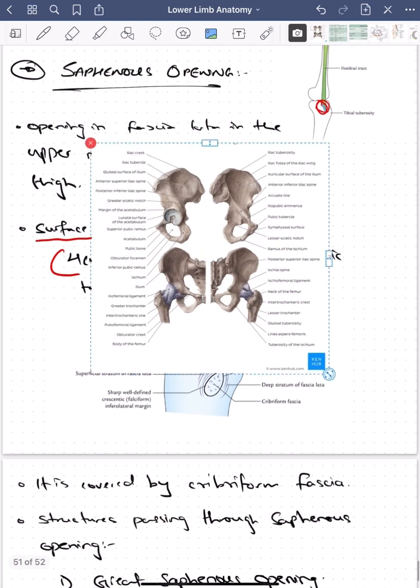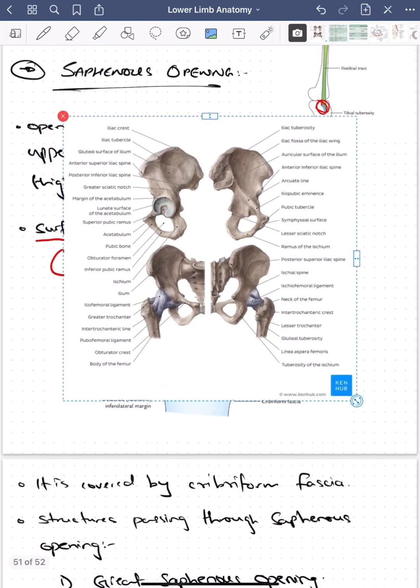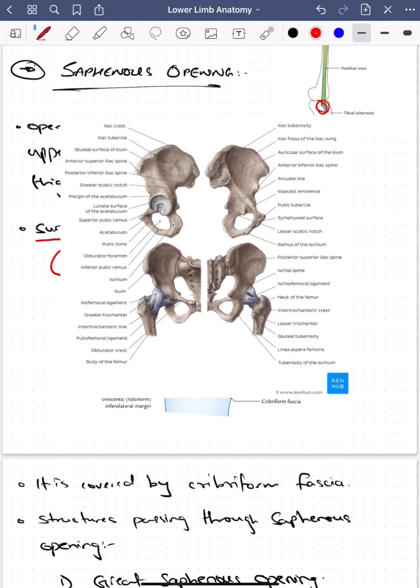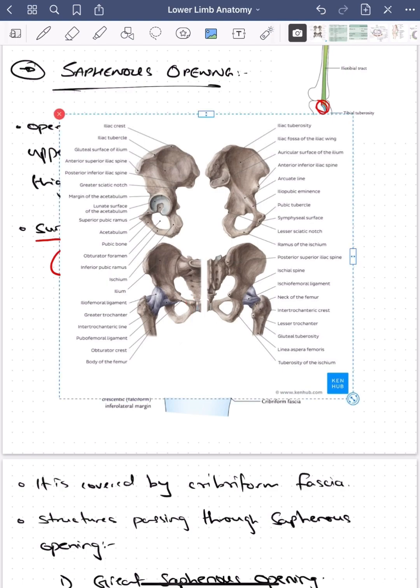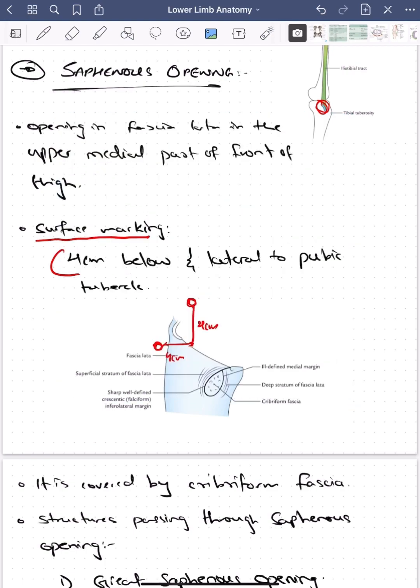This here is the pubic tubercle. 4 cm below and lateral to the pubic tubercle, we have the saphenous opening. So that is about the surface marking. You have to remember it for your anatomy practicals.